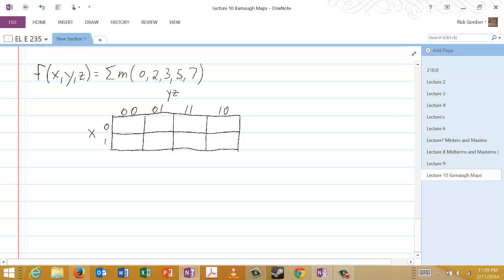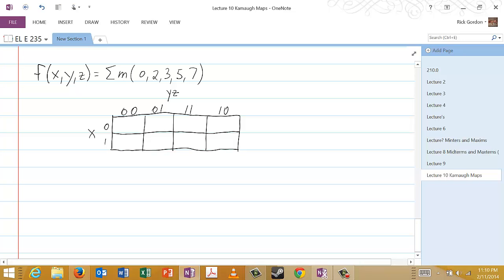And you know that each minterm will give you exactly one cell. So you expect to have 5 one cells in this problem, and you might be tempted to find the algebraic expression first and then look at each term individually to decide which cell it corresponds to. But if you do that, what you'll notice is that there's a much simpler way to do it.